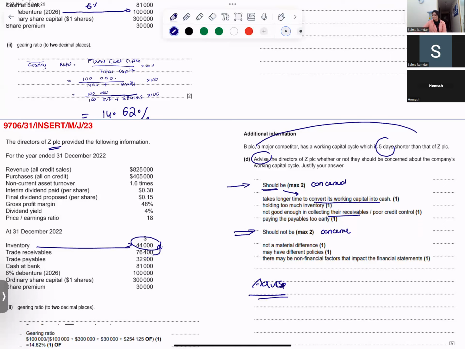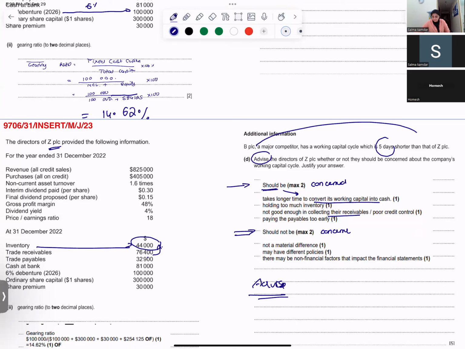They shouldn't, because it's not a huge difference, only 5 days. They should be concerned because the working capital cycle period is very high. It is always good to be liquid so that you don't run into insolvency. They should always be concerned.